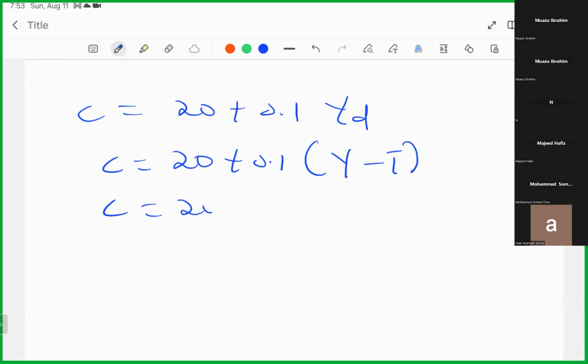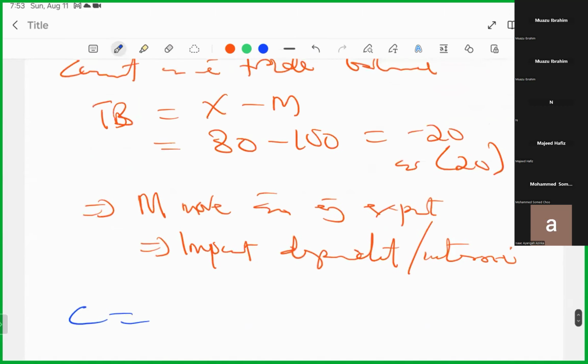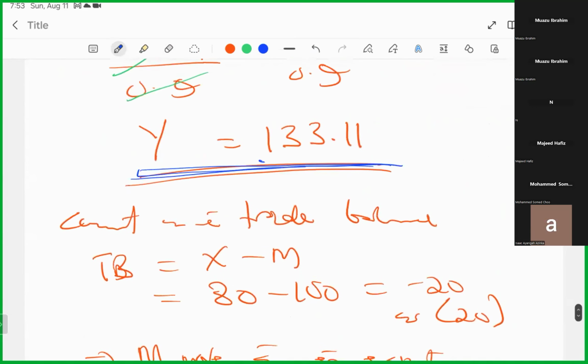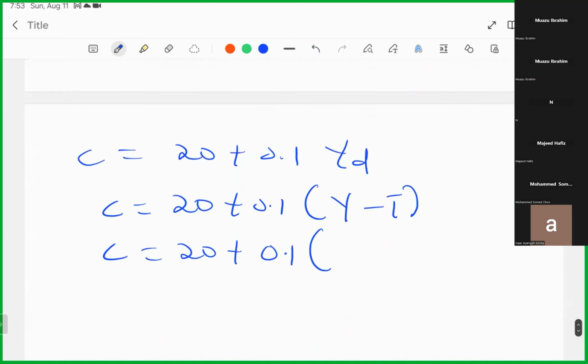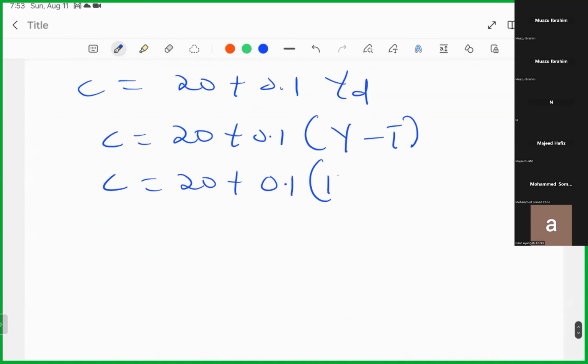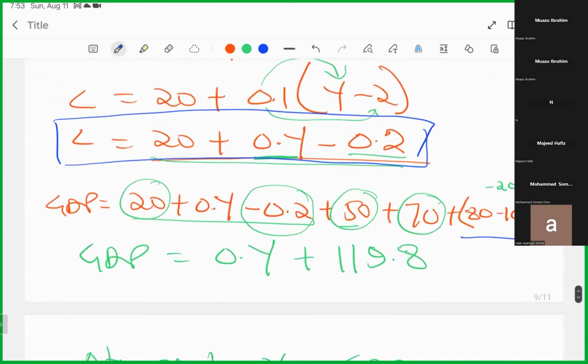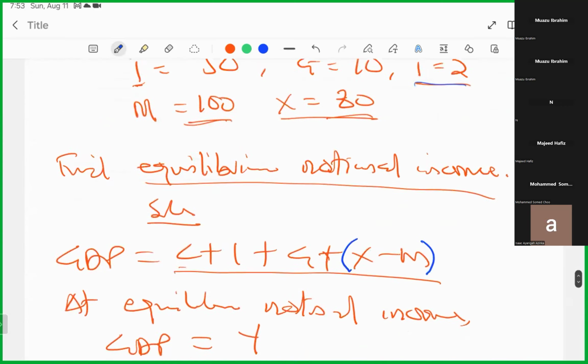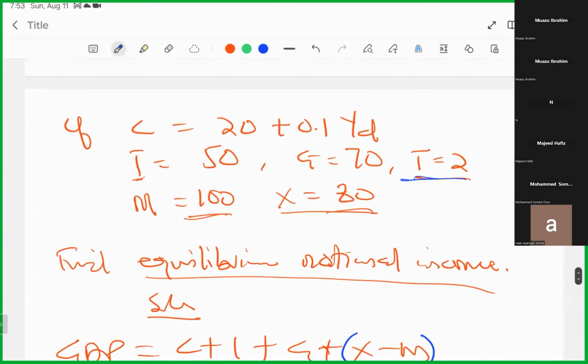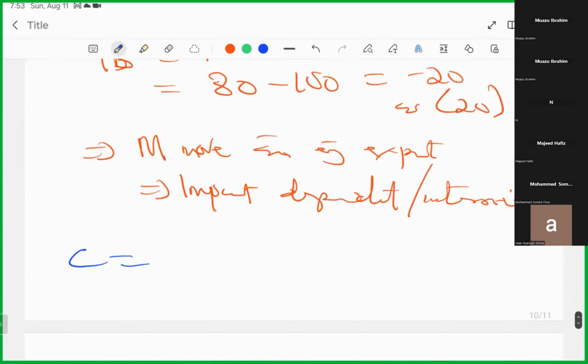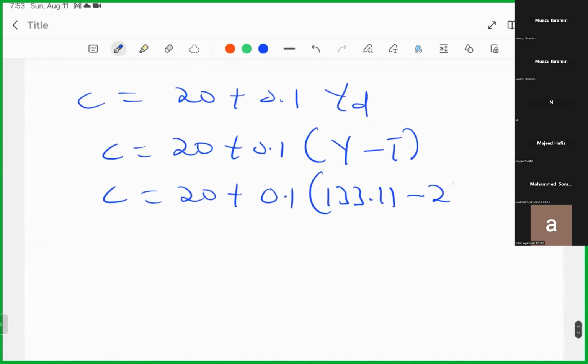This one will be 20 plus 0.1 times Y. Remember we found Y, 133.11, minus T. And we know T. Where is T in the question? T is 2. That is tax. So minus 2.